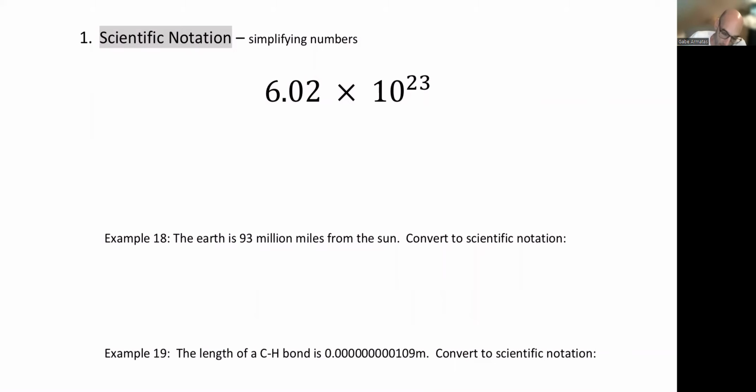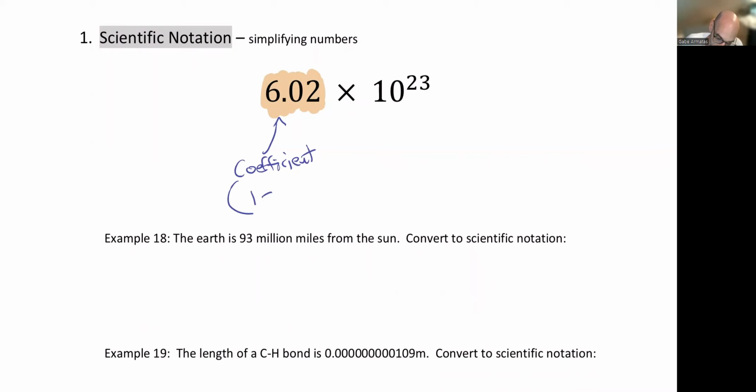So it's broken down into 3 parts. In the beginning, the first part here, 6.02 in this number, is the coefficient. This is a number between 1 and less than 10.